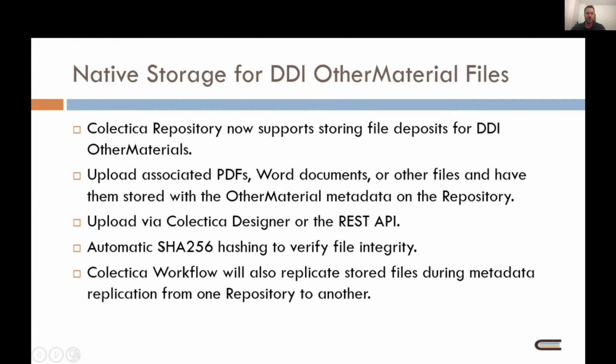We're using automatic SHA-256 hashing to verify the file integrity, and also Colectica Workflow, which is another Colectica solution, is able to replicate the stored files during metadata replication from one repository to another. So that's another sleek feature we have for the DDI.